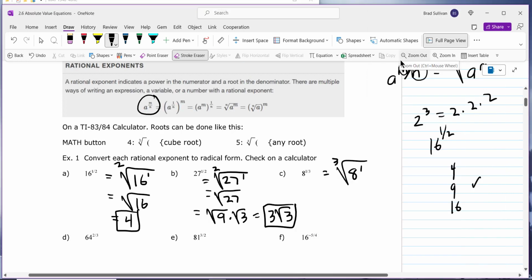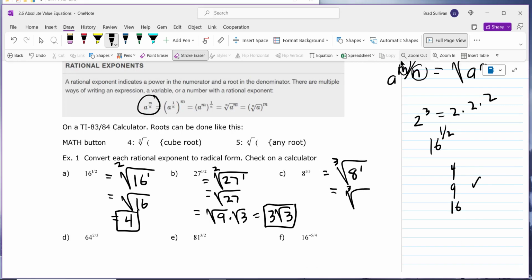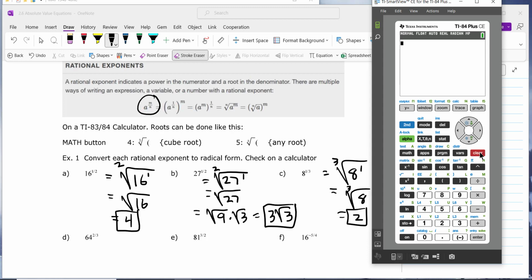The next one is the third root of 8 to the first, so it's really the third root of 8. Well, a third root just means find a number you multiply out 3 times, it gives 8. So what is that? That's 2, okay? So sometimes these things turn out even, sometimes they don't. So a 1/3 power is the same thing as a third root.